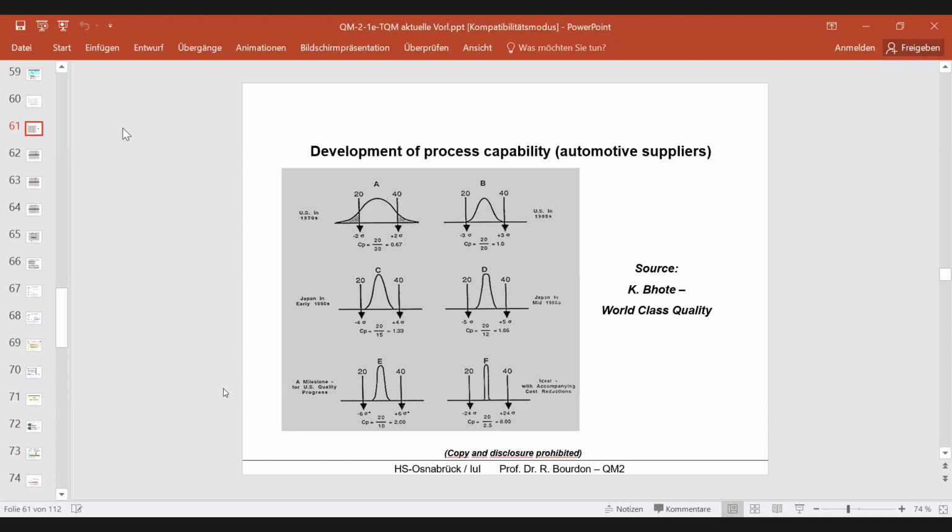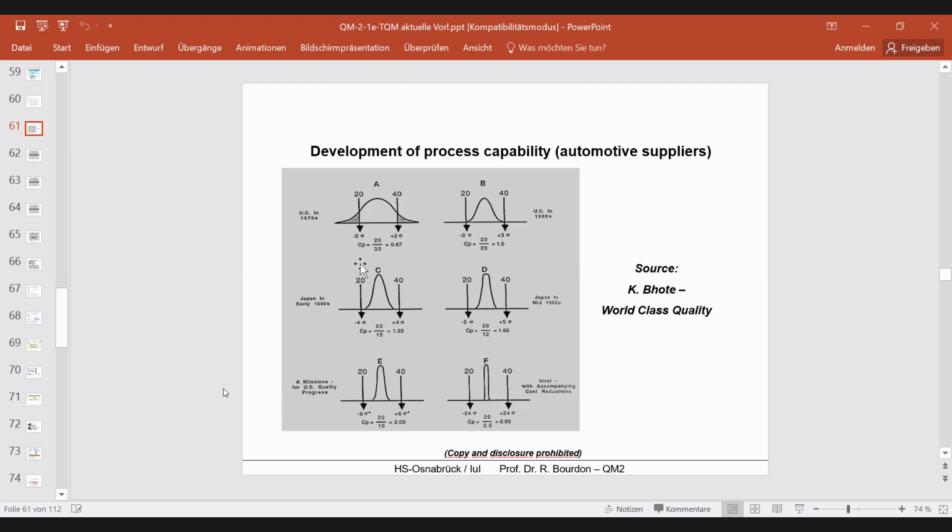And here they have an analysis made in the 70s and in the 80s regarding supply companies in the automotive industry. They involved 14 or 15 supplier companies of the automotive industry here in the US.